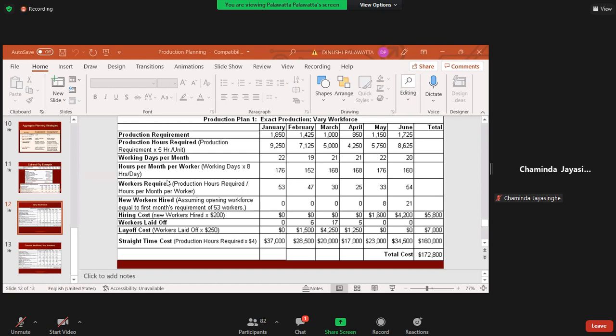And then March, 5,000 divided by 168, you get 29.37. 30, it's round up, philosophy is correct. And then April, 4,250 divided by 168, you get 25.29.